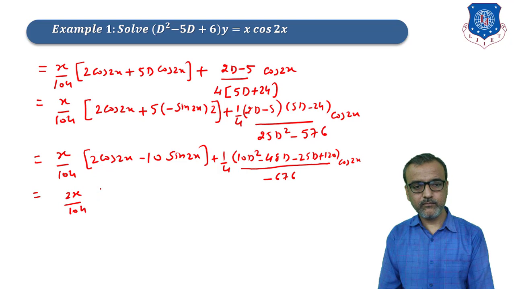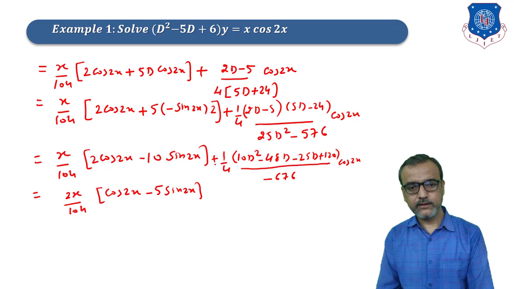Over here we will have cos 2x, dividing 10 by 2, so we have minus 5 sin 2x, then after plus 1 upon 4 multiplied by minus 676, 10d square minus 48d minus 25d, that is minus 73d plus 120 cosine of 2x.